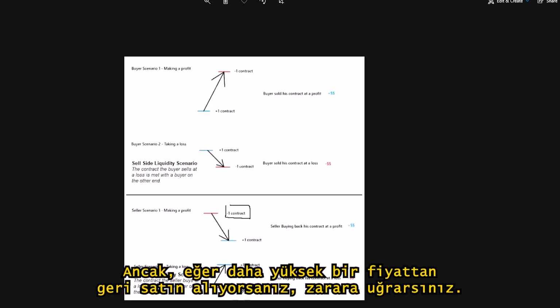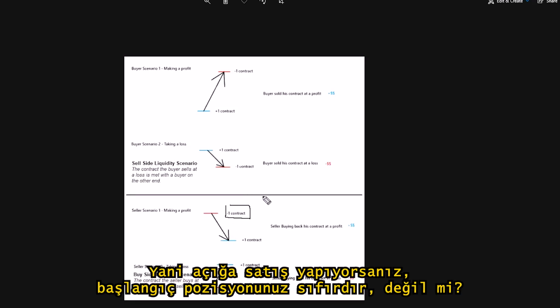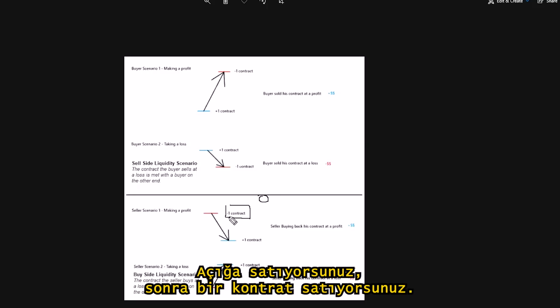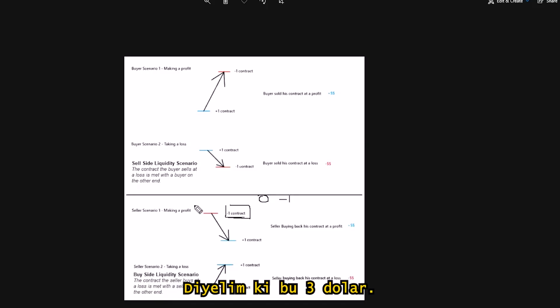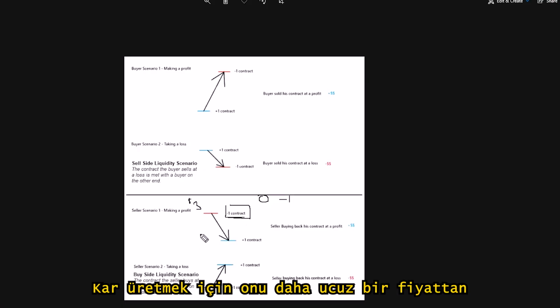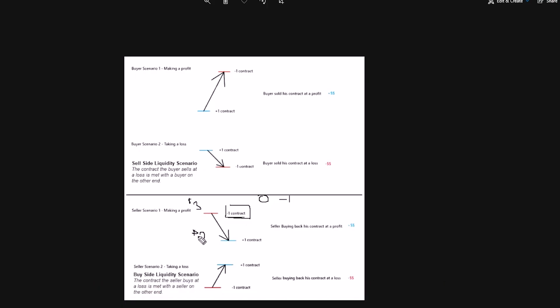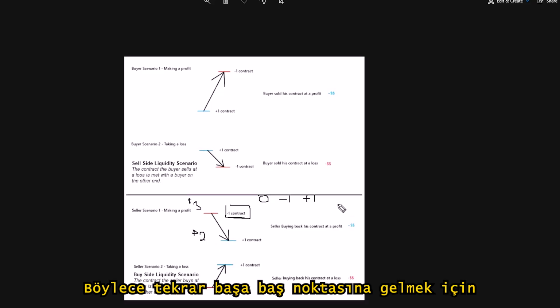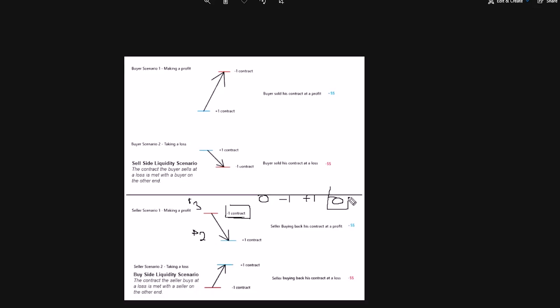However, if you're buying back at a higher price, you'd be incurring a loss. If you're short selling, your initial position is 0. You sell a contract, let's say at $3. You'd want to buy it back at a cheaper price to generate a profit, so you'd be buying back that contract to be back at even, and that would be generating a profit.